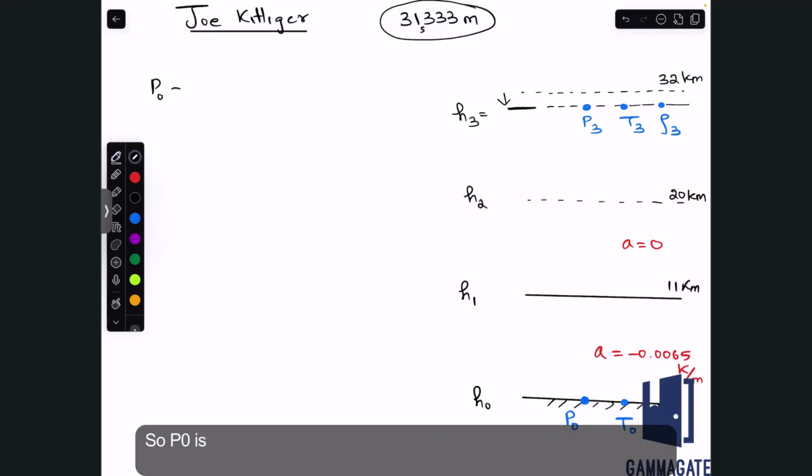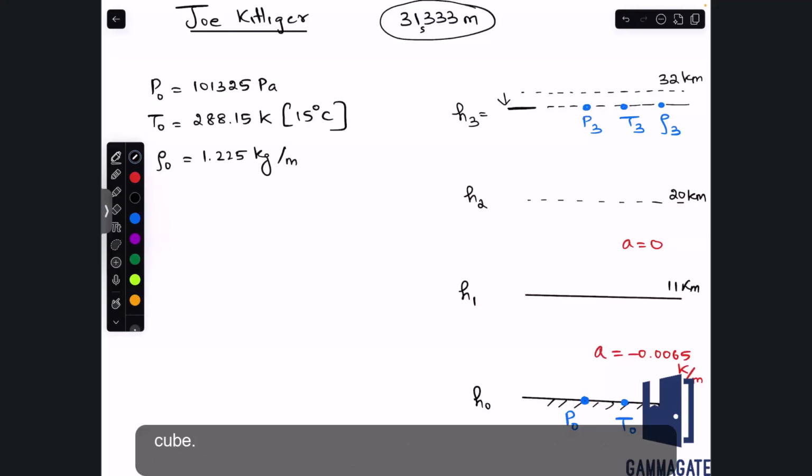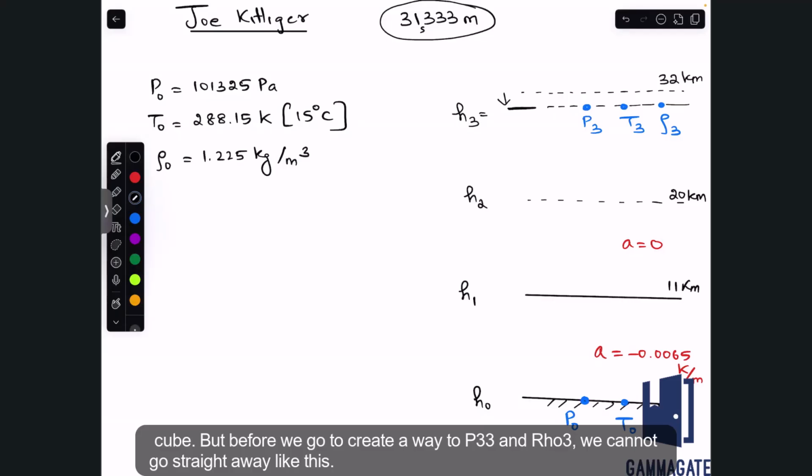So P naught is equal to 101,325 pascals. T naught is equal to 288.15 Kelvin, because that is 15 degrees Celsius. And the density is 1.225 kilogram per meter cube. But we cannot go straight to P3, T3 and rho 3 like this.